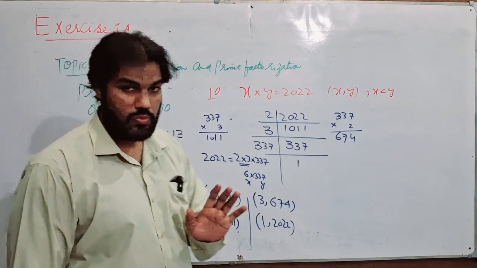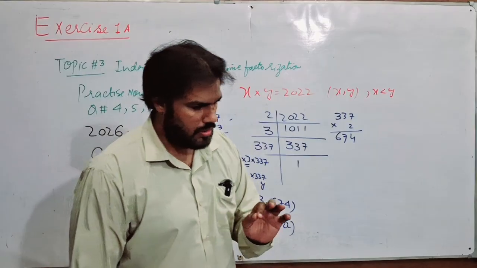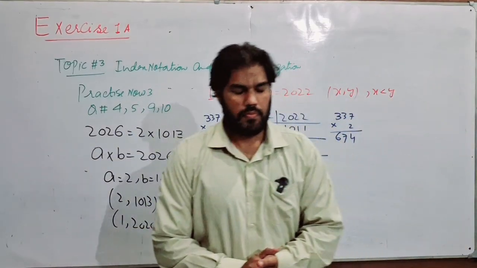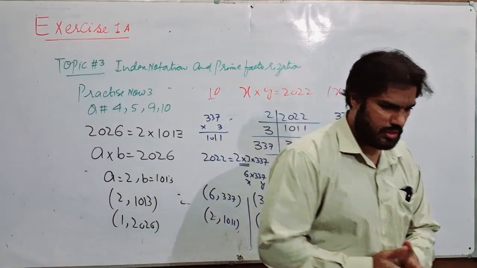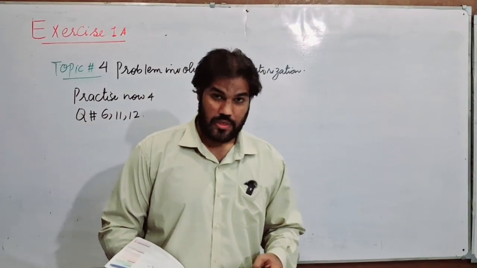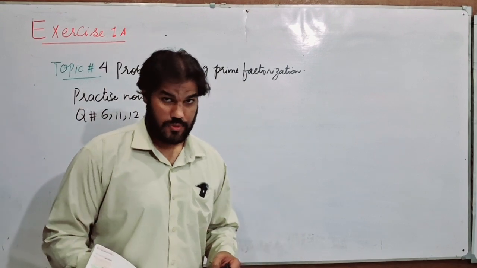Next we move towards topic number 4, and this topic is very, very interesting. This is the key bone of the total lecture. Next we move towards the last topic of today's lecture.